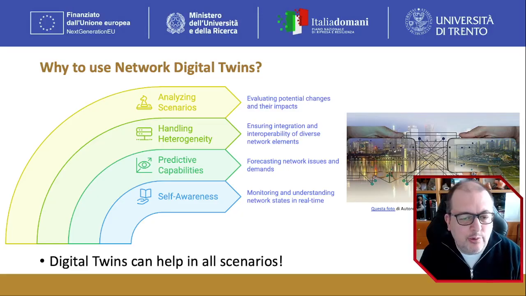It will help to handle heterogeneity by ensuring integration and interoperability of diverse network elements, but a network digital twin will also improve predictive capabilities, because we are able to extract more data and have increased forecasting capabilities, and also include the capability for a network to be self-aware, because the network will have a mirror that will help it understand what is happening and its own status.